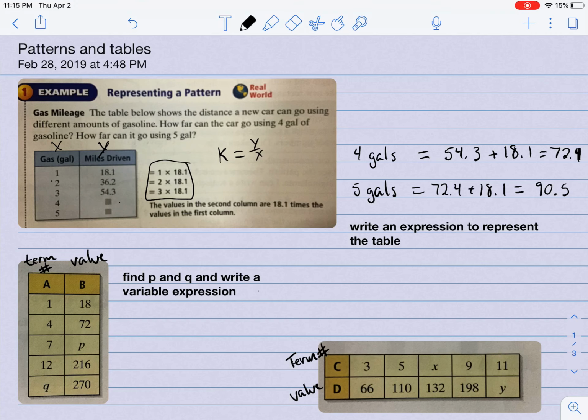So if you took this is our y and this is our x, and you divided our y by our x, each time we're going to get 18.1. That's going to tell us what our k value is, or what we're going to be multiplying our term number by. And so we can just write 18.1 times n. n is going to represent our term number.